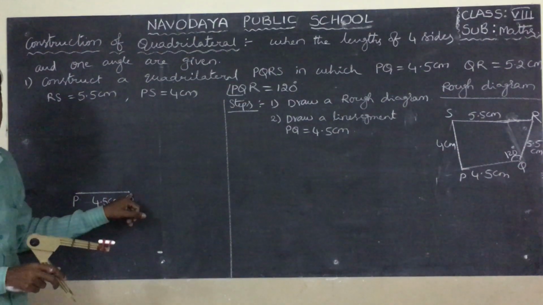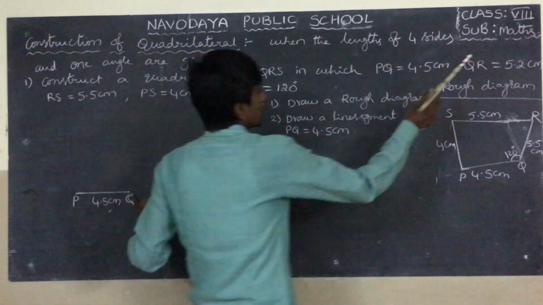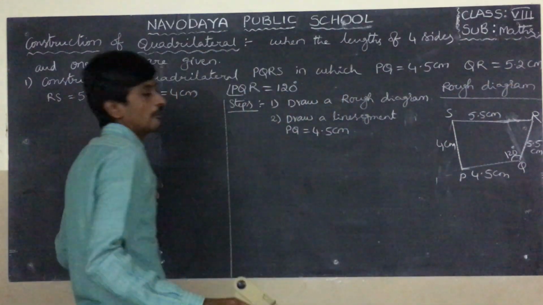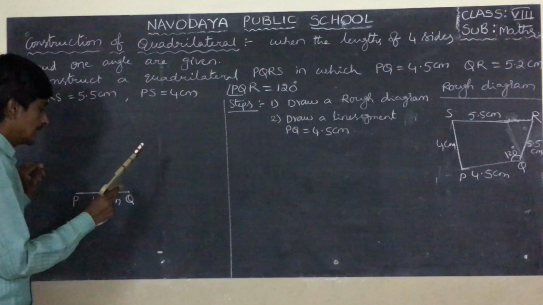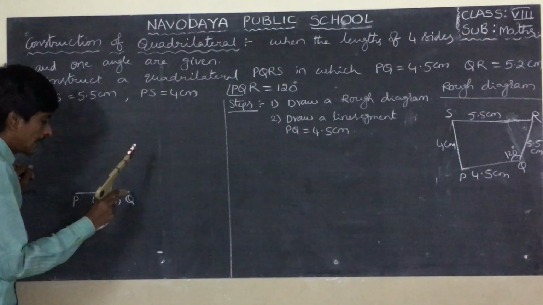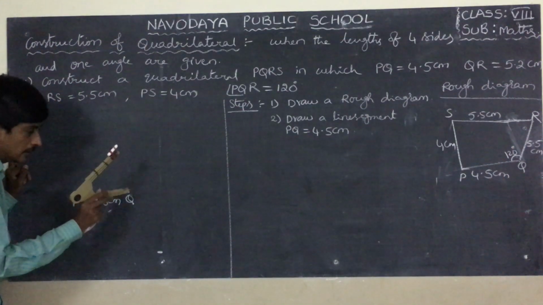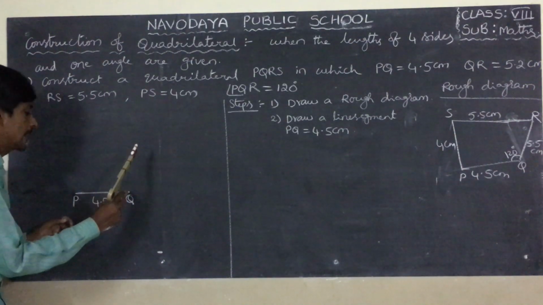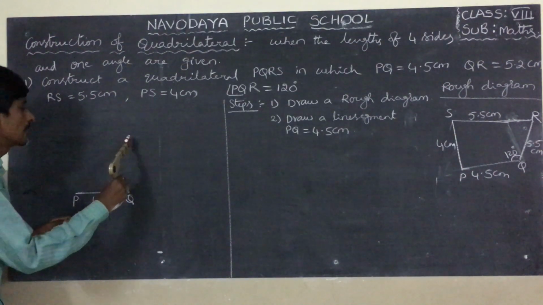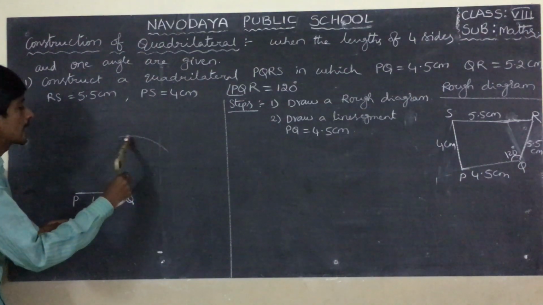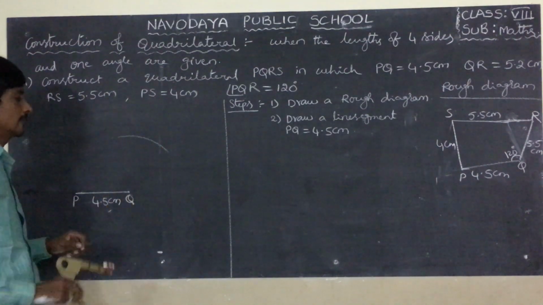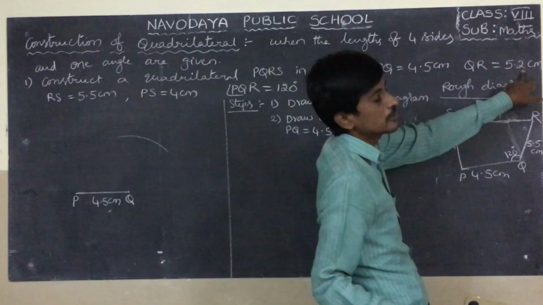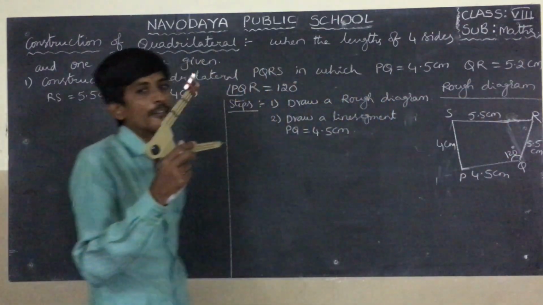With Q as center, QR equals 5.2 centimeters. Draw an arc with Q. You take the compass on Q and draw an arc. How much measurement? QR equals 5.2 centimeters with the help of compass.